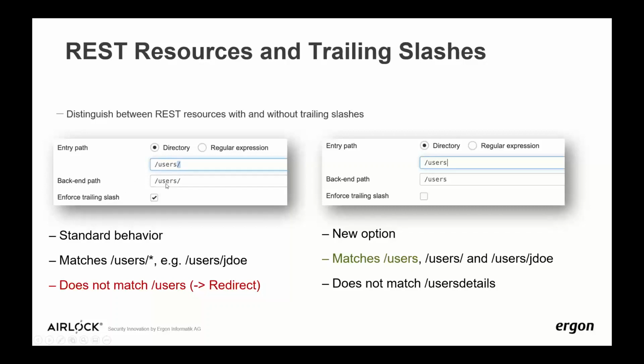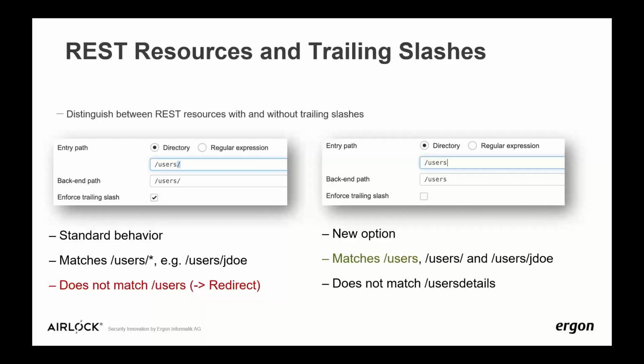The standard behavior is it matches everything which comes on /users/, let's say /users/John Doe, but it doesn't match /users. Or it matches it, but it makes a redirect to /users/, which of course is the wrong behavior for REST calls. And therefore in REST environments, people had to shorten down the directory.